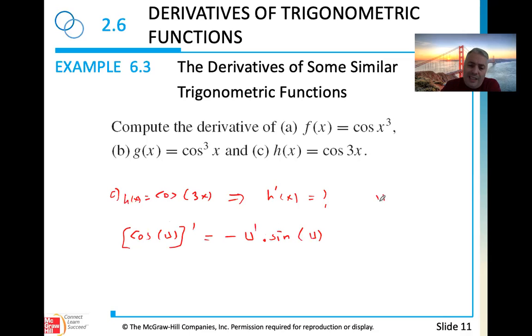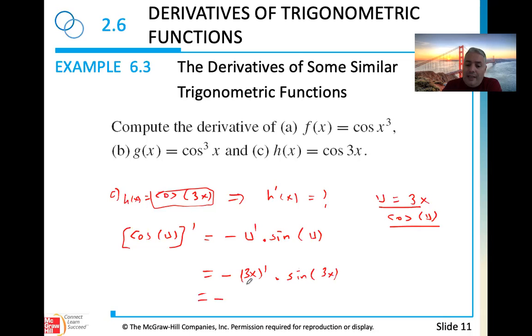If u is 3x, my question is now cosine of u. So what is the formula for cosine of u? Negative u prime times sine of u.